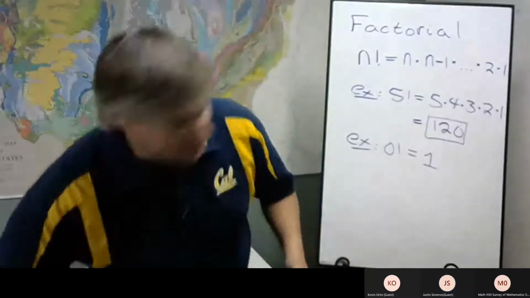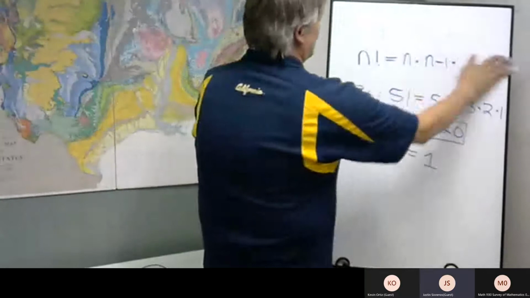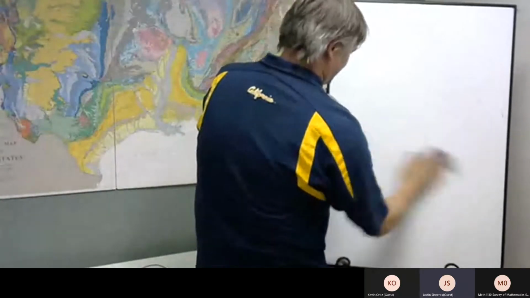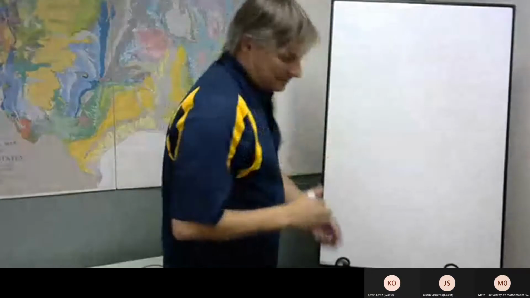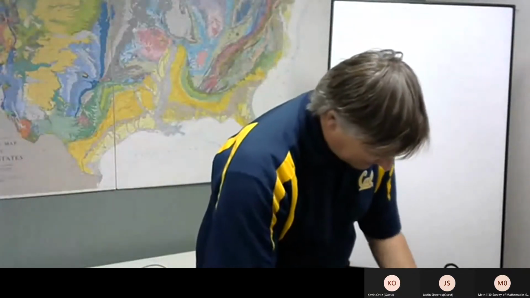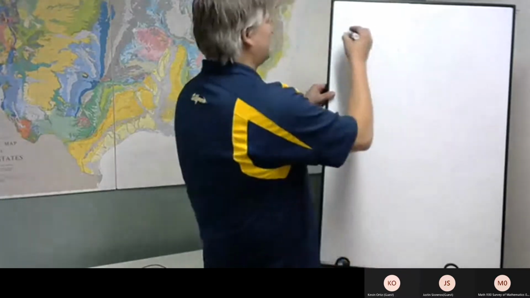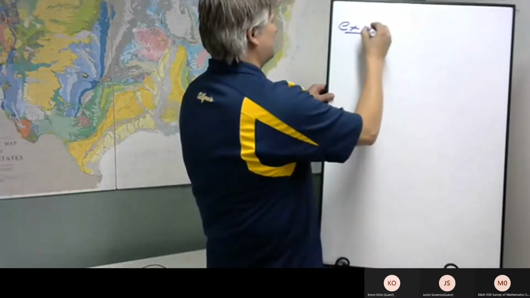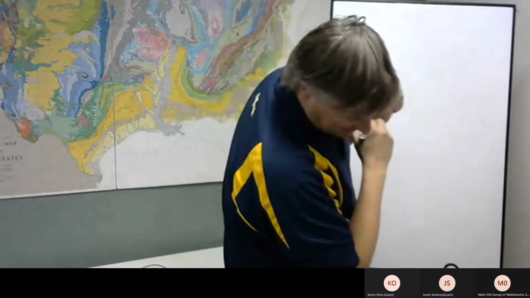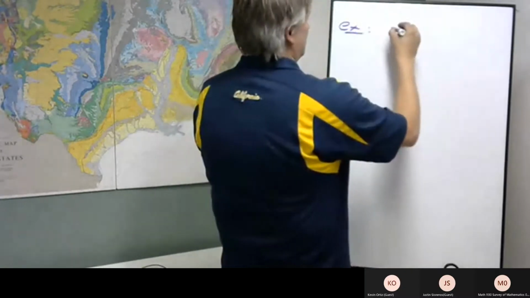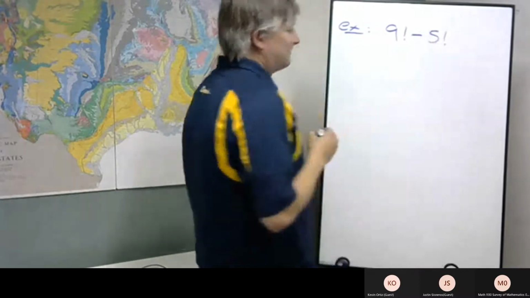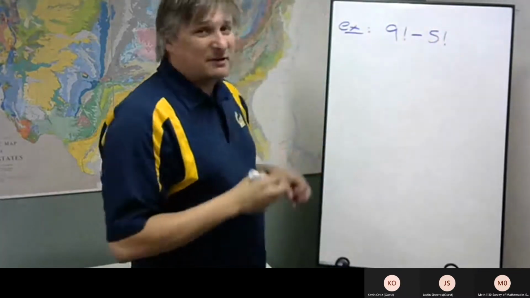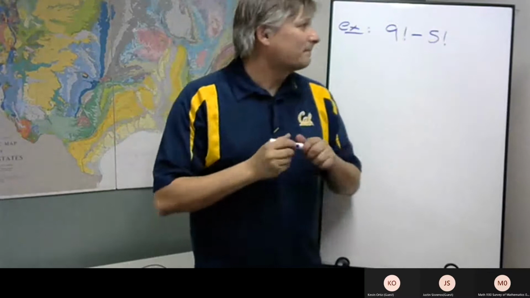Now, let me show you some other things with it. So let me go here. Let me pick something from, let's say we have this. 9 factorial minus 5 factorial.